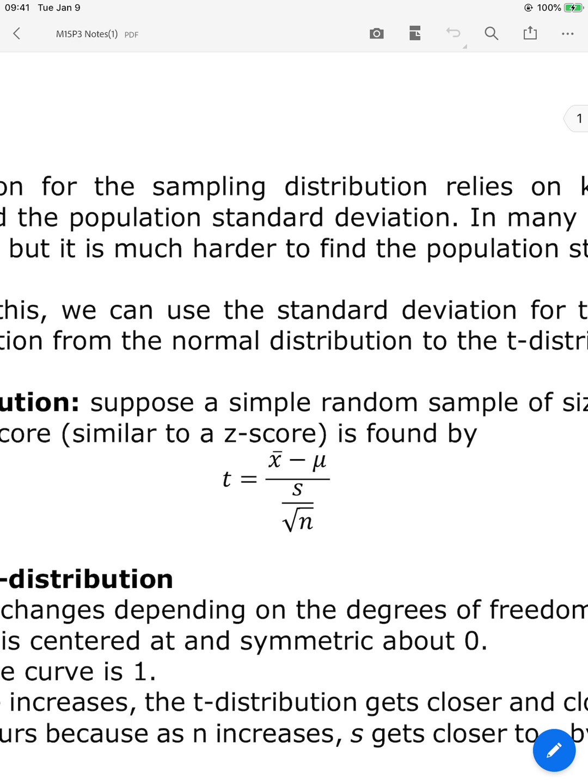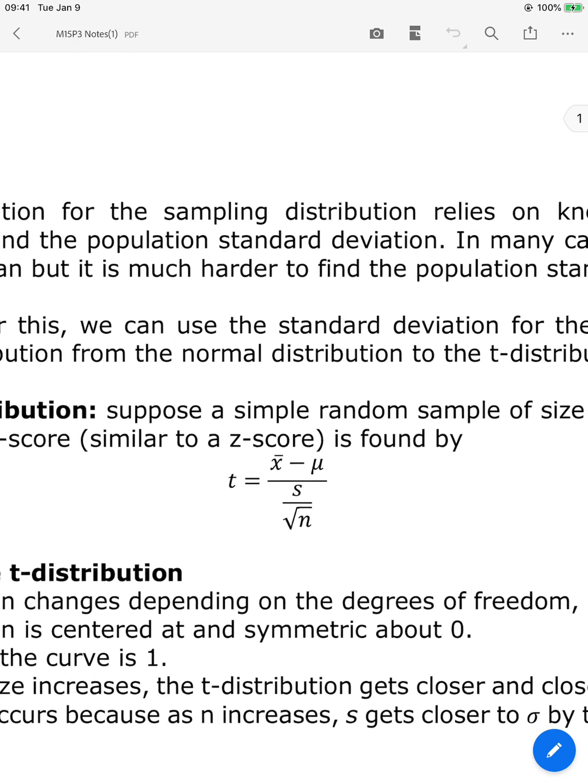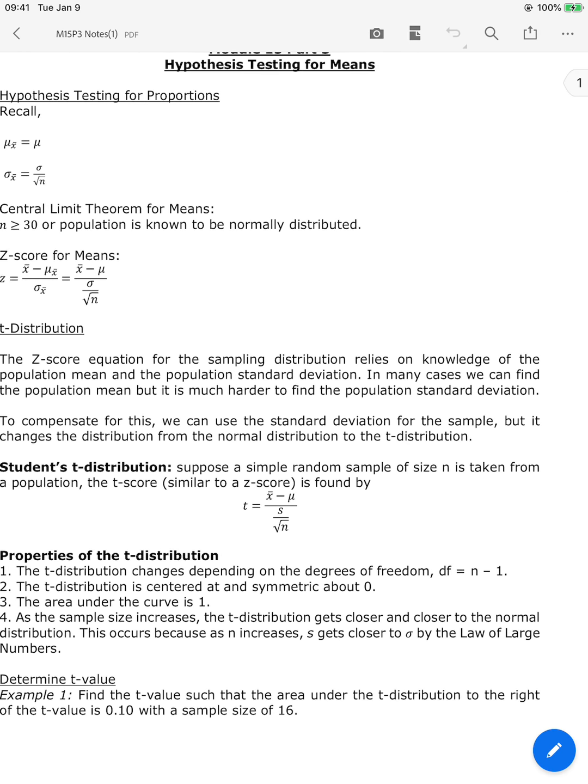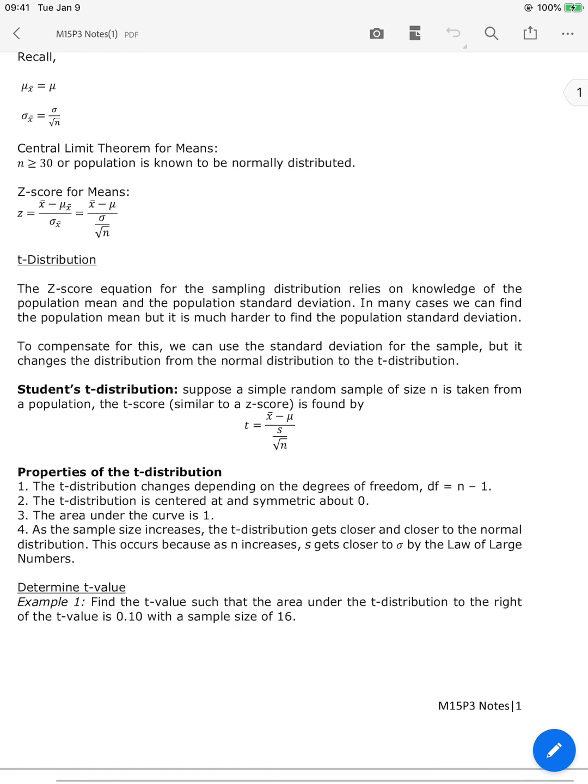And a t-score, which still tells you how far away from the mean you are, is as follows. You take your sample mean minus your population mean and divide that by the sample standard deviation over the square root of n. Now this t-distribution is still bell-shaped.